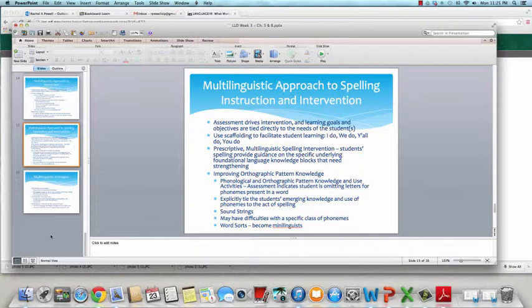So how do you do a multilinguistic approach to spelling instruction and intervention in a school, in a classroom? You use all these assessment measures to drive your intervention. Now, of course, classroom teachers and even you as an SLP are not going to have time to do spelling assessments on every single one of your students. Typically, the teachers will talk to me about the spelling errors the students are having. I say, well, bring me your spelling test.